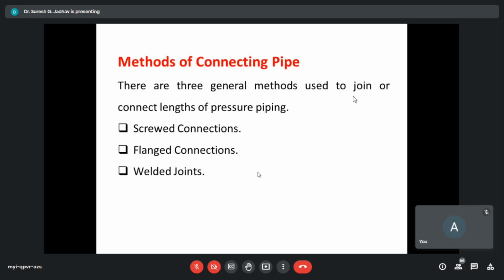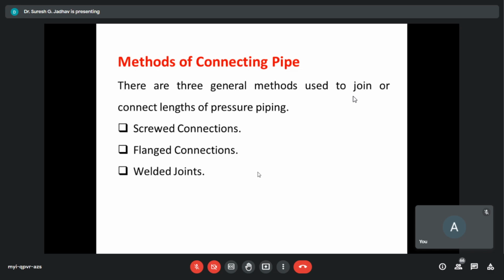So if you consider 45 degrees, 90 degrees, 30, 60 degrees as per the requirement in the industries, meaning in oil and gas industries or in chemical plants or in petrochemical plants or hydrocarbon facilities, with the help of welded joint connections we can use any angle to each other. Therefore, welded joints give more flexibility to the piping design.